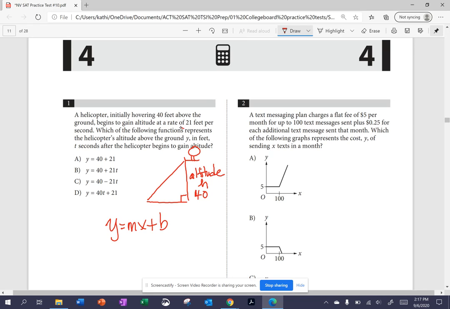So my slope is 21 feet per second. That's my rate. My y-intercept b is 40. So this is going to be 21x plus 40. So we got B. This one's not in the correct order, but we got the information.